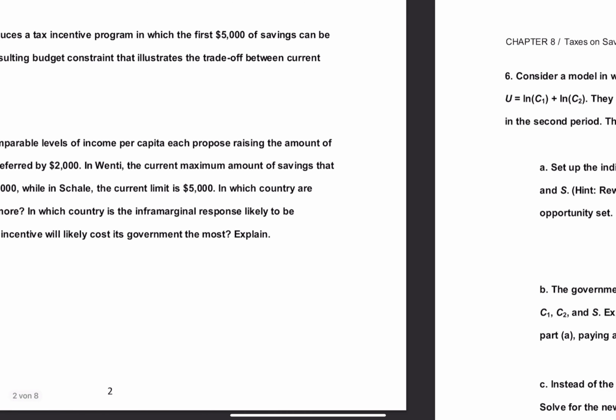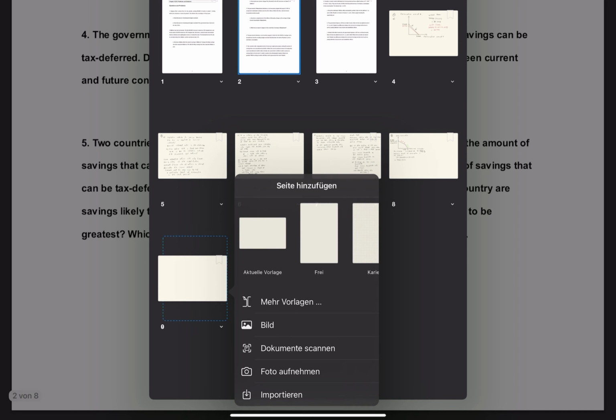Explain. So let me open a new page. Let us first again summarize the information that we have. So what do we have? We have Venti, and in Venti, $2,000 of savings can be tax deferred.